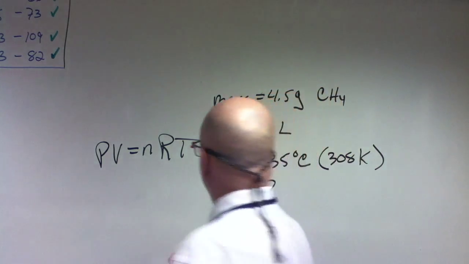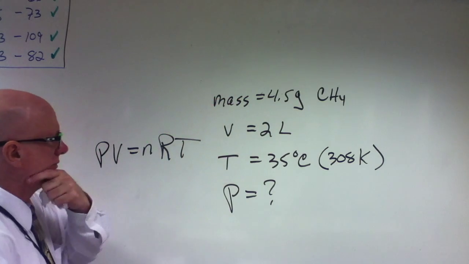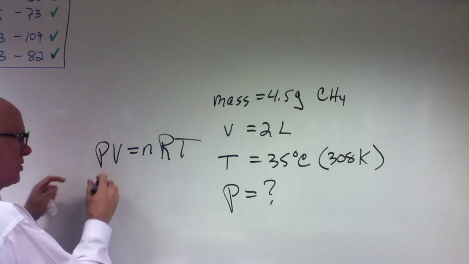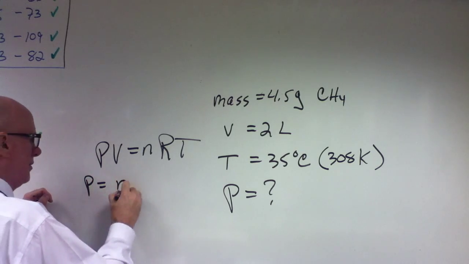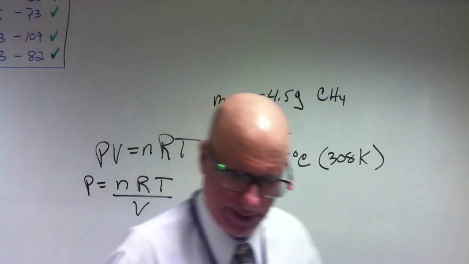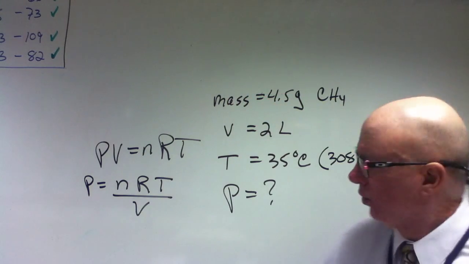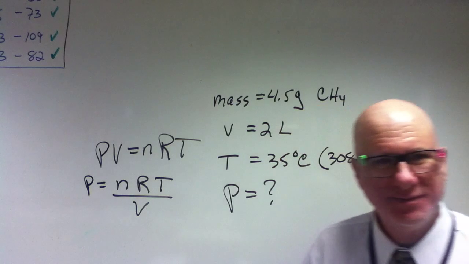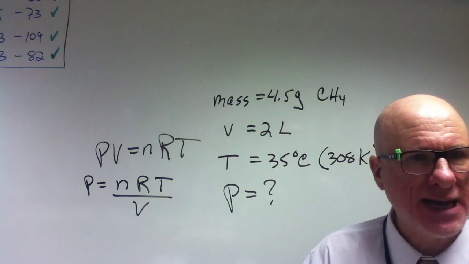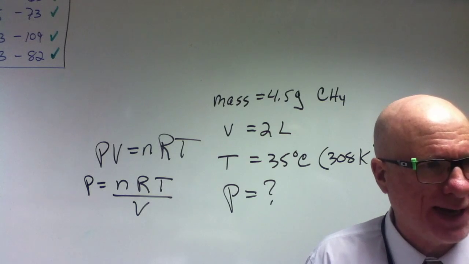Okay. So, now, I'm looking for this, P, right? So can we solve for that? Is that good? Is that all right? What can I do to n, though? n is moles. But isn't that grams over gram molecular weight?